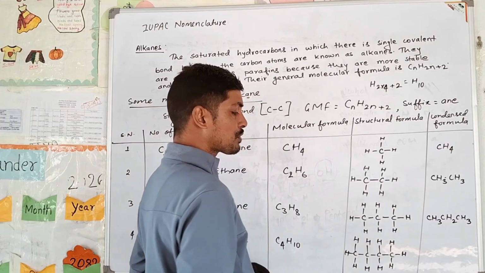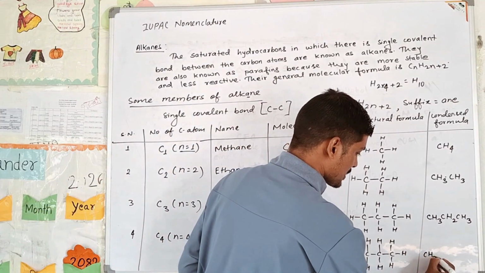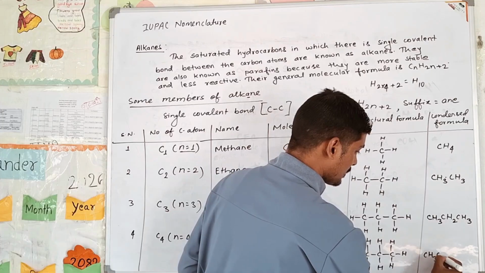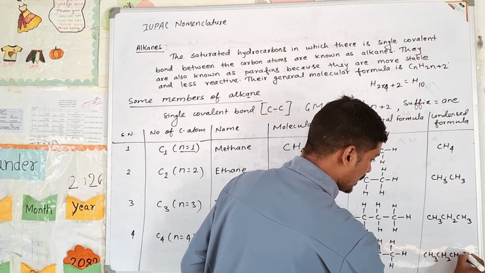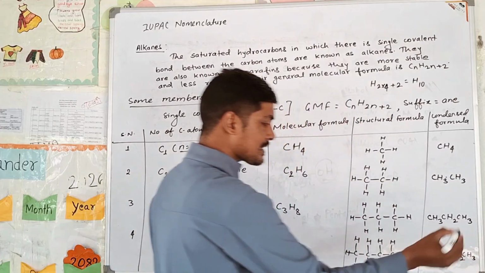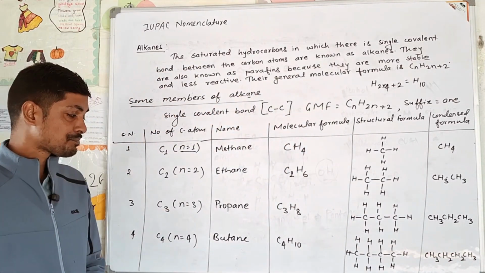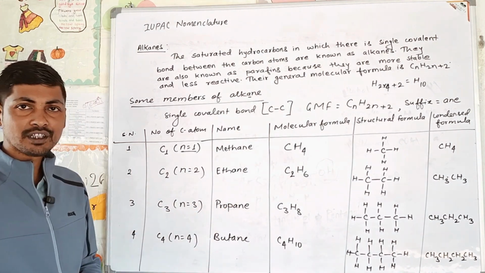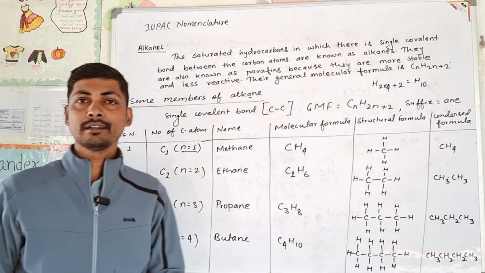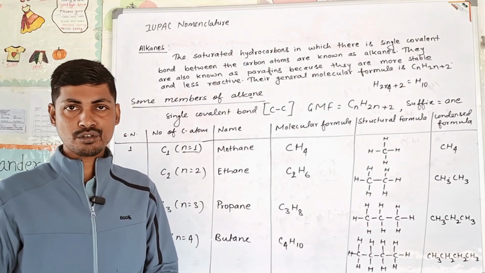Now here also we have to write the condensed formula. In the first carbon there are 3 hydrogens. In the second, 2 hydrogens. In the third, 2 hydrogens. In the last, 3 hydrogens. So this is the condensed formula. In this way, you can write the molecular formula, structural formula and condensed formula of pentane, hexane, heptane, octane, nonane and decane also.